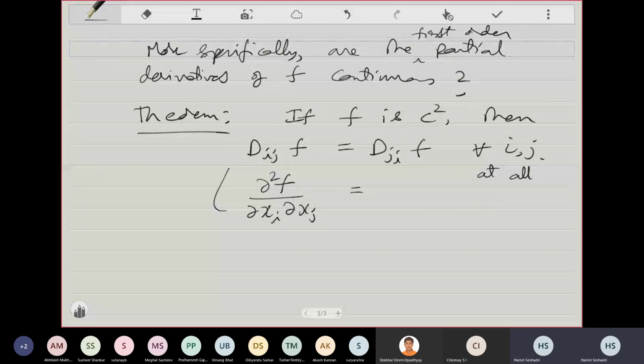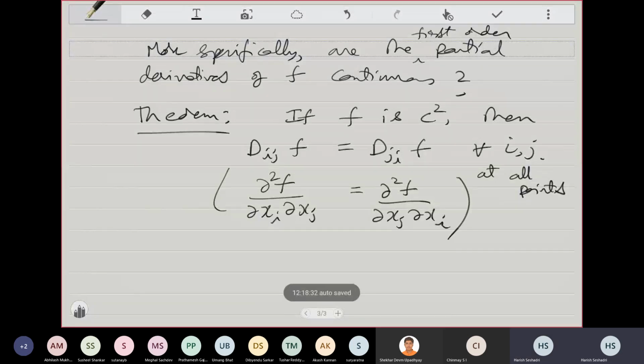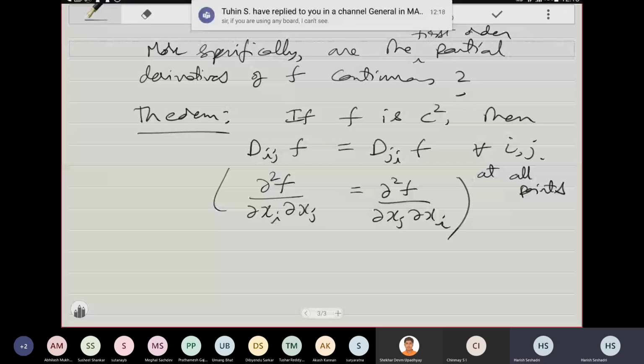This is not at all obvious if you look at it at first sight. Why should it be the case that if I differentiate partially with respect to one variable and then take another derivative, I get the same function at the end?